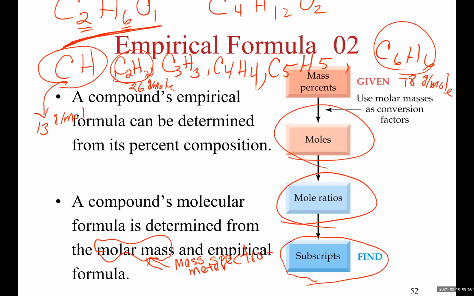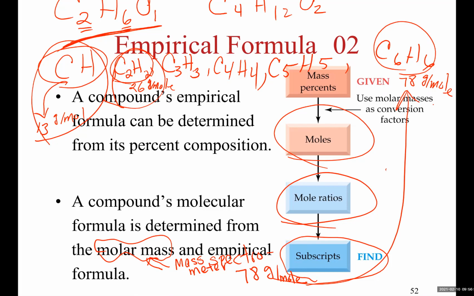The mass spectrometer takes this, measures the molar mass. It says it's 78 grams per mole. Obviously, 13 grams per mole is not the answer. 26 grams per mole is not the answer. It's only this one which has a mass of 78 grams per mole.